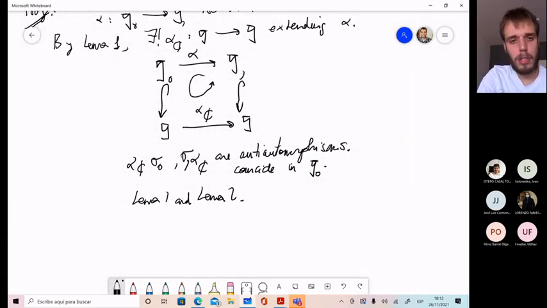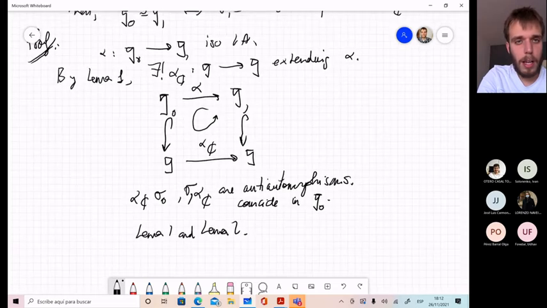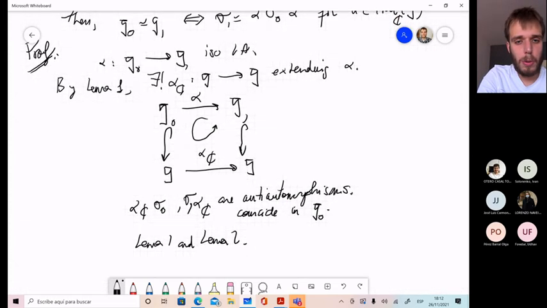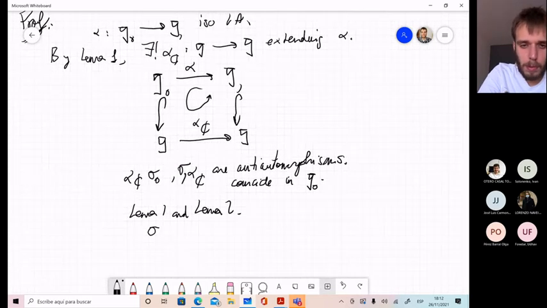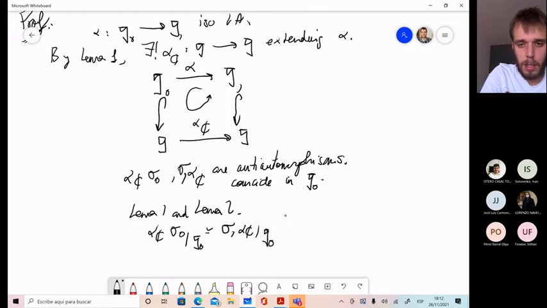And why are they equal? Because they coincide on the real form associated to sigma 0, on g0. So alpha C sigma 0 restricted to g0 is equal to sigma 1 alpha C restricted to g0.